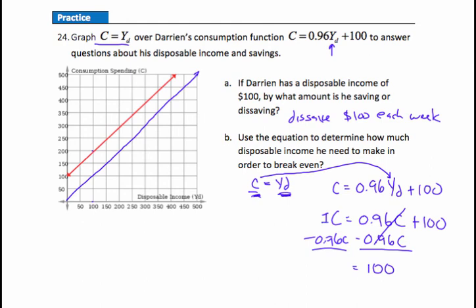So if I start with one of those things and I take away 0.96, I'm going to be left with 0.04C. That's what will be left over. And then to solve for C, I'm just going to divide by 0.04. And when I do that, Darian is going to have to make $2,500 a week to break even.